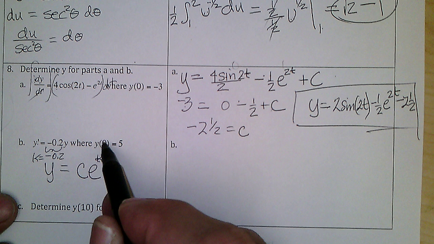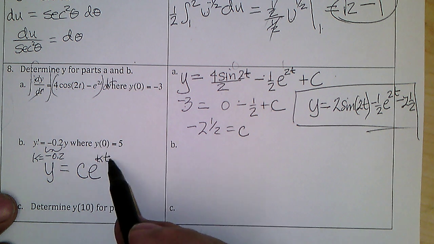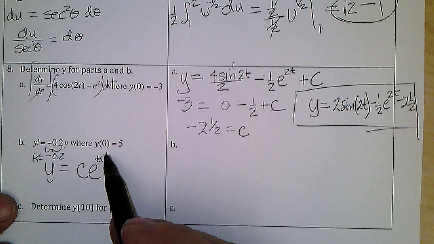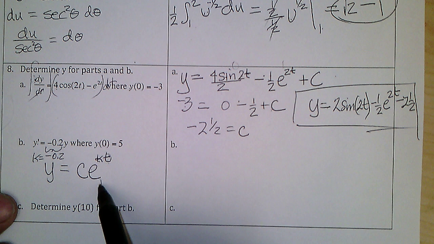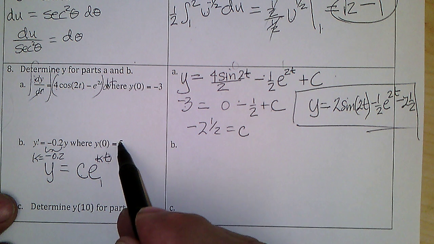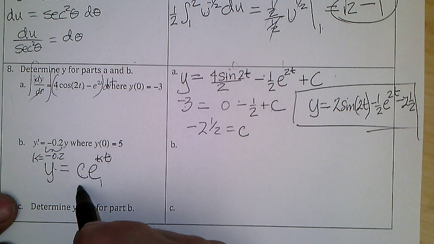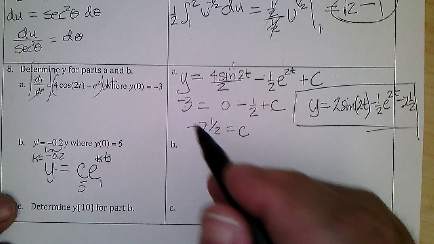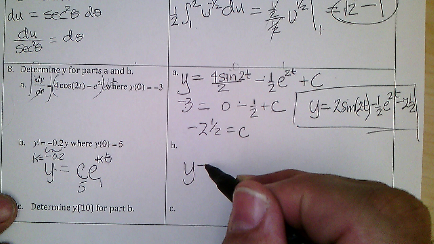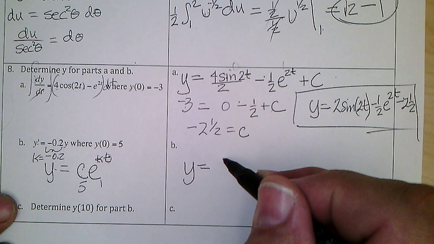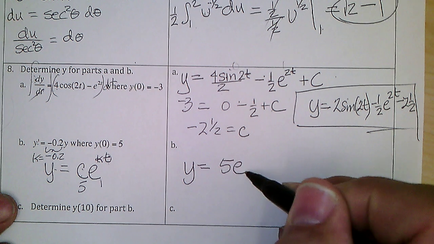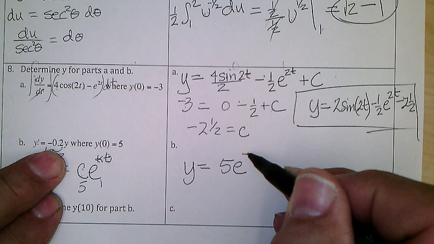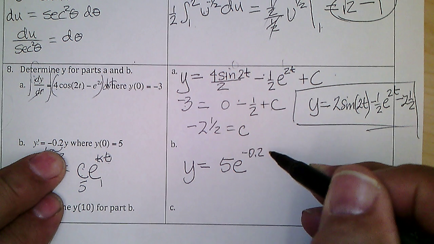And when t is 0, 0 times anything is 0. E to the 0 is 1 times c has to be 5, and so c has to be 5. And so our equation is y equals 5e to the minus 0.2t.